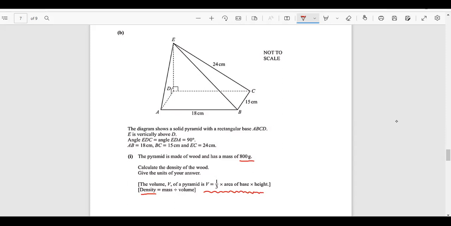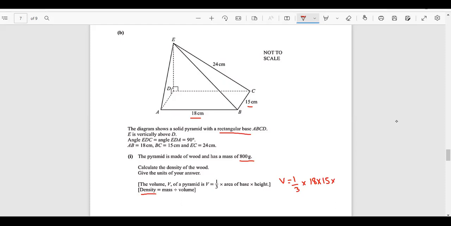So we need to find the base area. Base area is very simple. It has a rectangular base. The length is 18, the width is 15. So the base area would be 15 multiplied by 18. Let's talk about the volume first. So volume would be 1 by 3 multiplied by the base area, that would be 18 into 15, multiplied by the height.